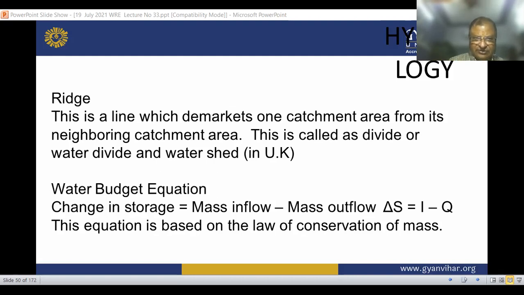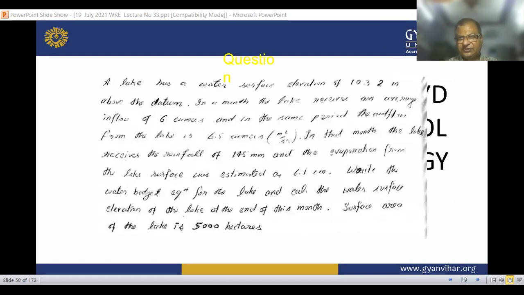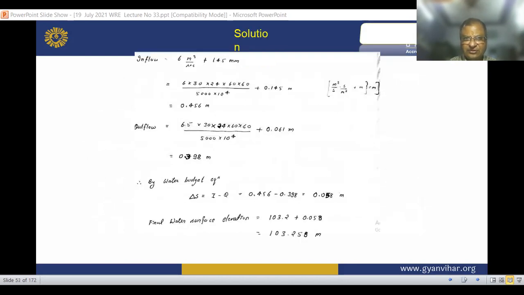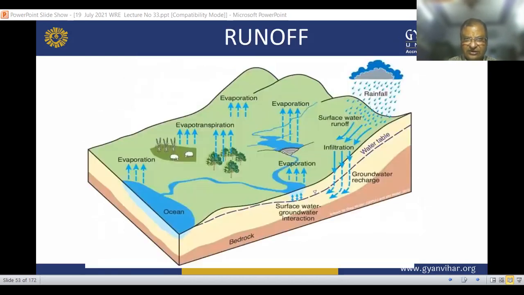Water budget equation: change in storage equals mass inflow minus mass outflow. The equation is based on the law of conservation of mass. This is the calculation.